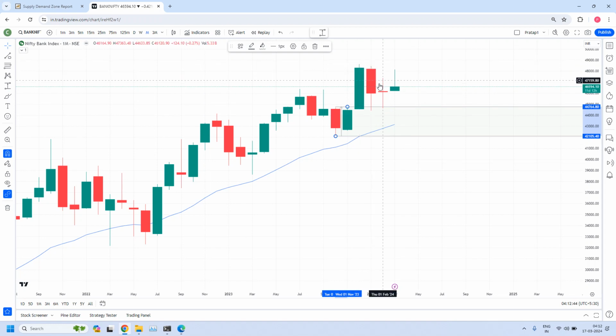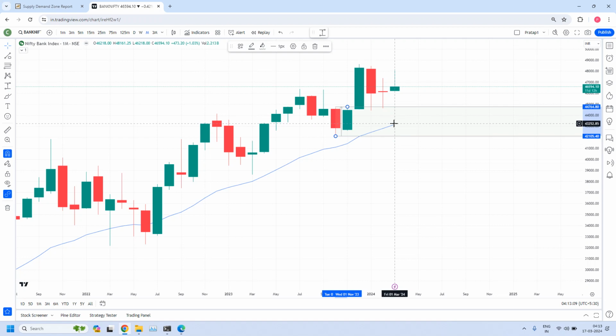Now it is on the way to completing the overextension. By the time prices reach near this monthly EMA 20, the overextension will be completed. Probably by the time overextension completes, swing traders will get very good long opportunities.